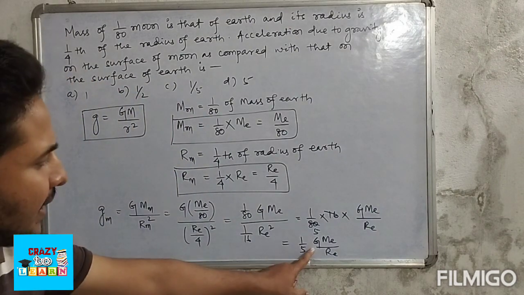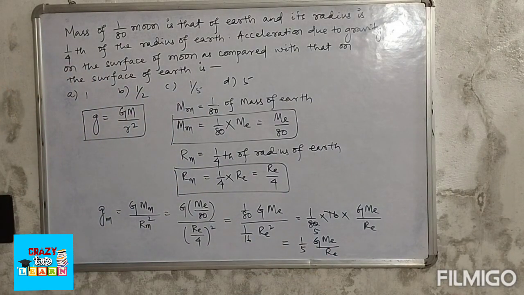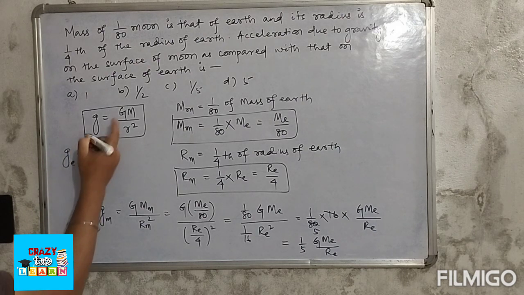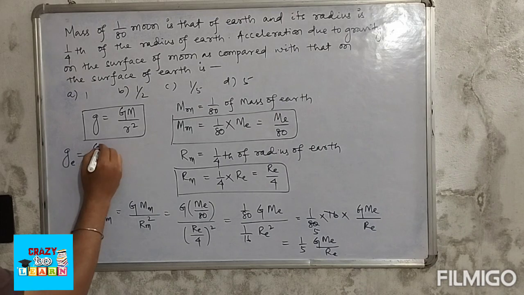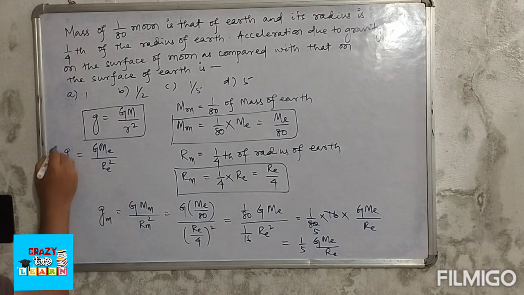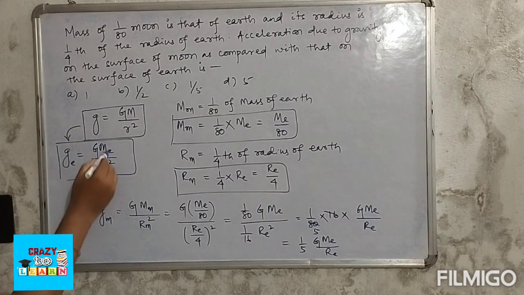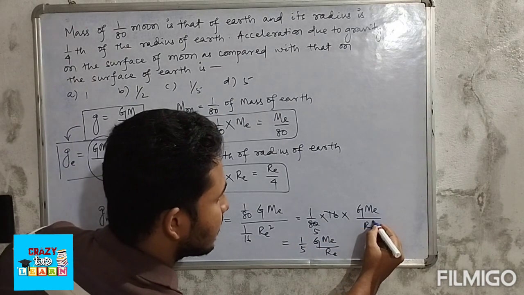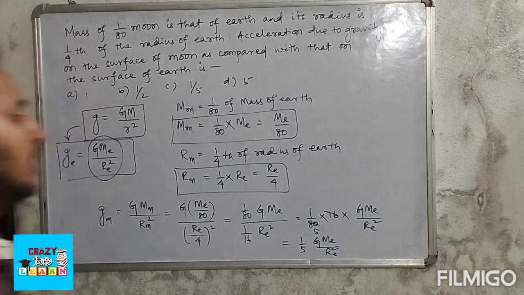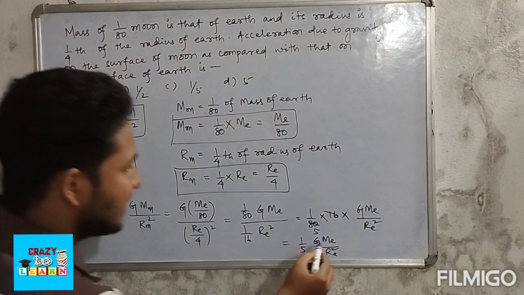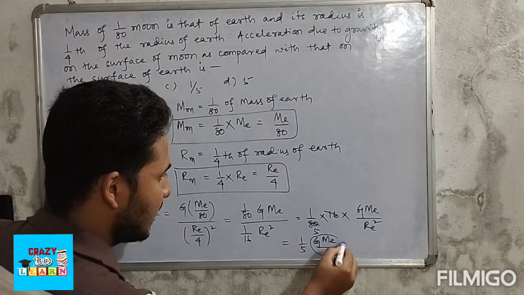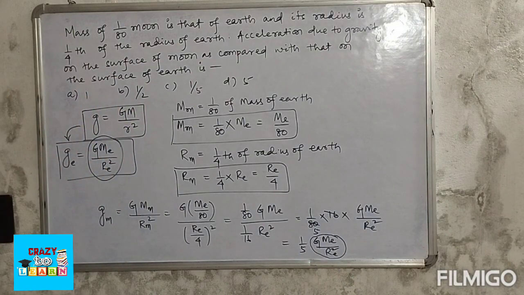So what is this capital G Me by Re square? Just think, the acceleration due to gravity for the earth is equal to the universal gravitational constant G into the mass of the earth divided by the radius of the earth square. Yes or no? It is the acceleration due to gravity of the earth. So in the place of capital G Me by Re square I can write small ge.